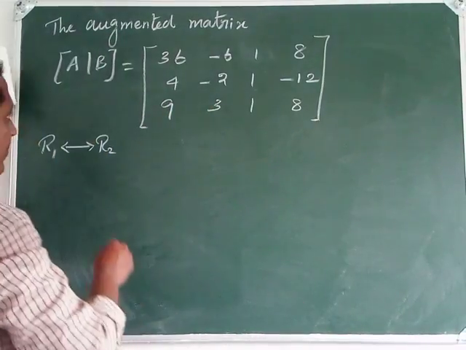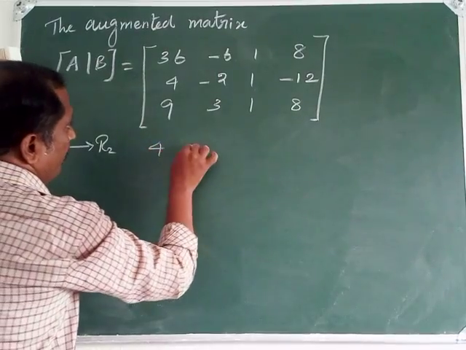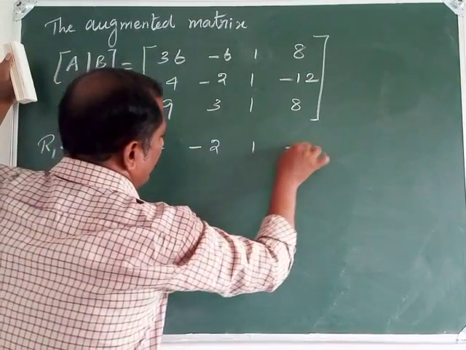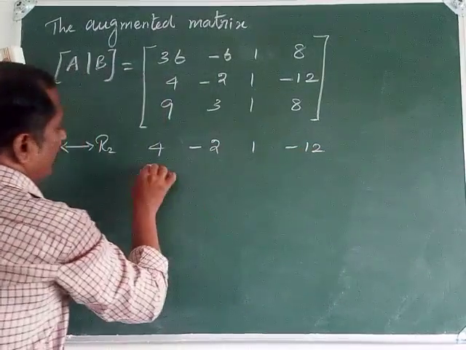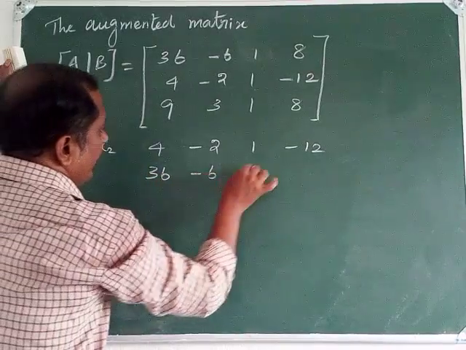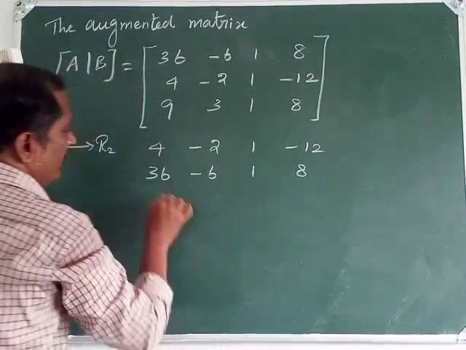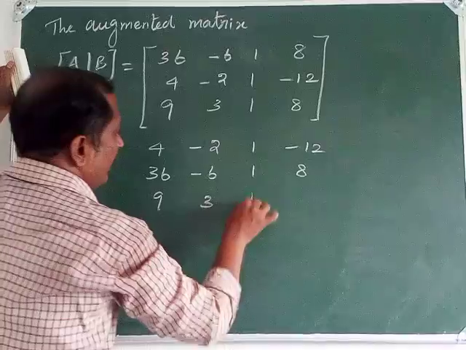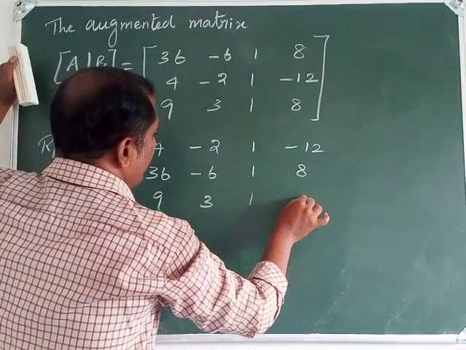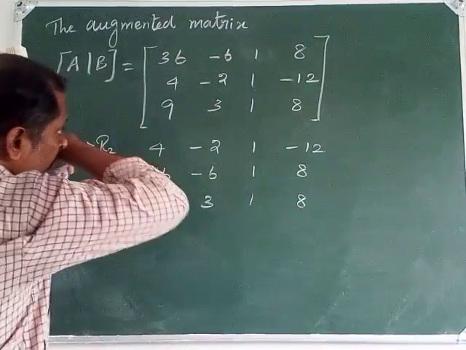So first row elements are 4 minus 2 1 minus 12. Second row elements are 36 minus 6 1 8. Third row elements are 9 3 1 8.